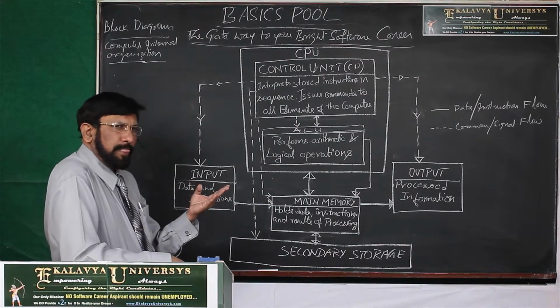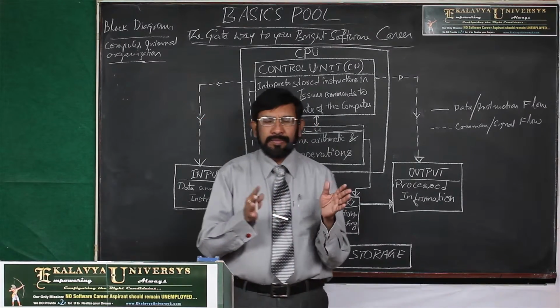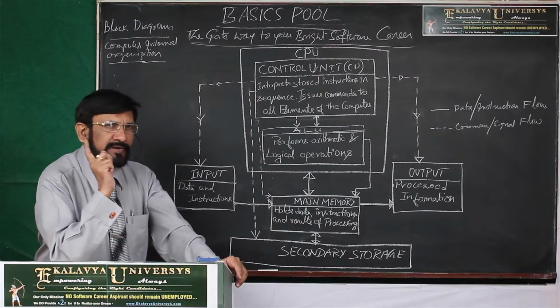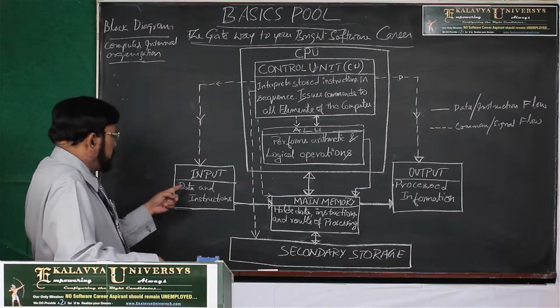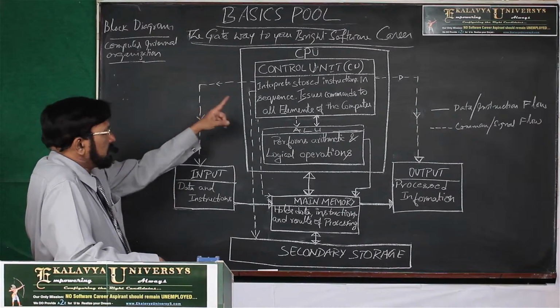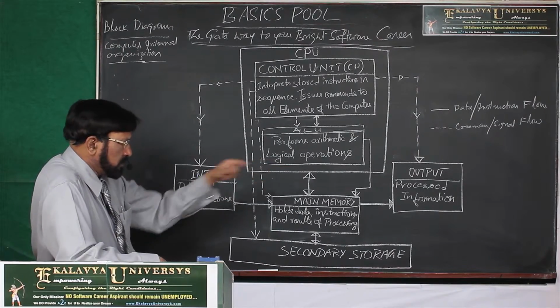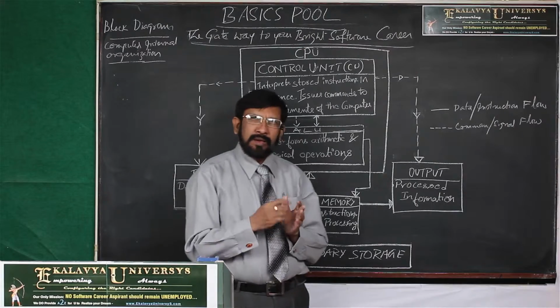I already told you, all the components in the computer can be classified into 6 groups depending on the functionality. Now what are the 6 units? Input unit, control unit, ALU, main memory, output unit, and secondary storage. There are 6 units.